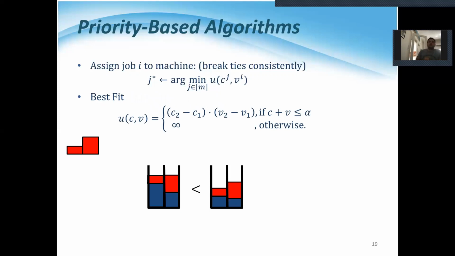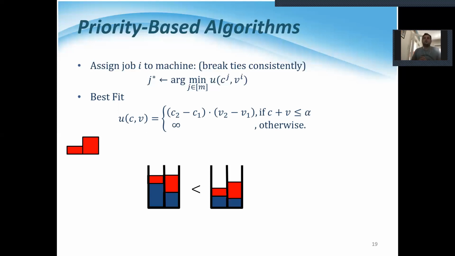Another algorithm that we define according to this priority-based rule is best fit, which doesn't try to minimize the max span, but just tries to balance the two coordinates. I won't get into the exact details, but in the example, you can see that assigning to the left bin gives us a more balanced assignment. So in this case, the priority-based algorithm will prefer to assign it to the left bin. Note that the algorithm needs to know OPT in advance, because the algorithm checks that we don't overflow the competitive ratio guarantee alpha.